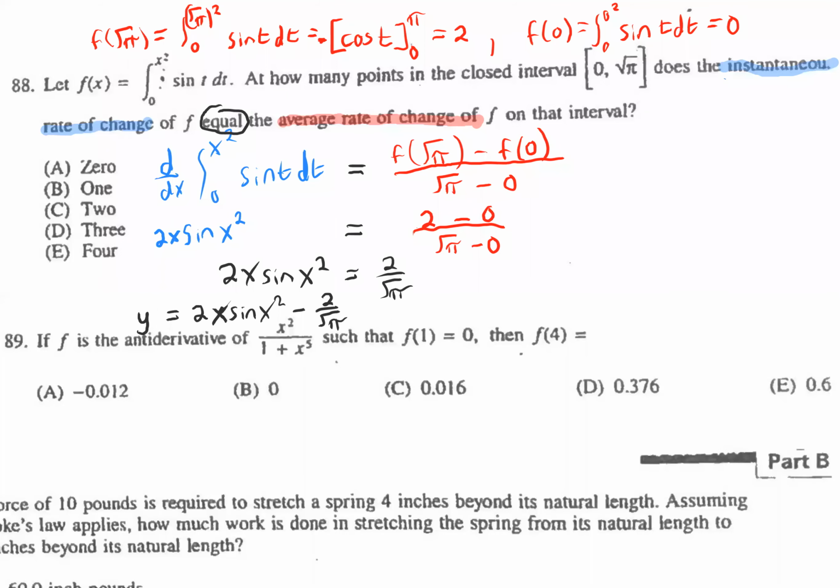I can see here, it says at how many points. Hopefully you can see my calculator here. From 0 to square root of pi, it has 2 intersection points. The question is asking how many times does the average rate of change equal the instantaneous rate of change?